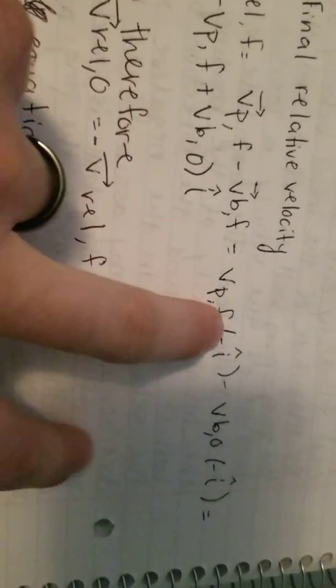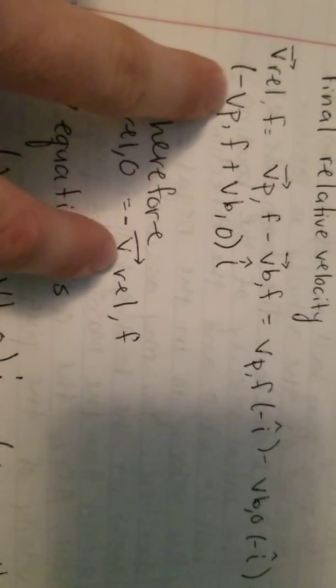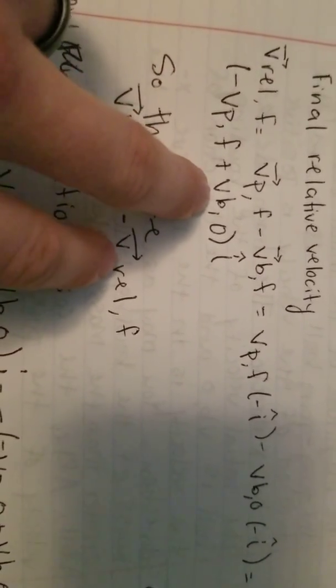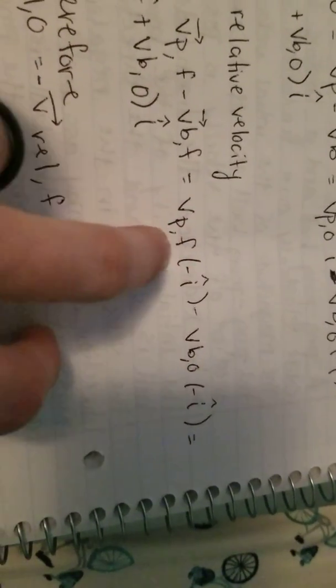When we do this, we get a negative velocity for the ping pong ball plus a positive velocity for the bowling ball, because these two negative i hats cancel out and give us a positive number.